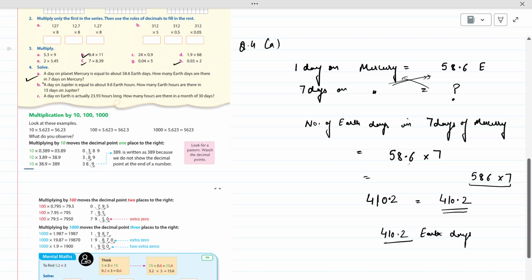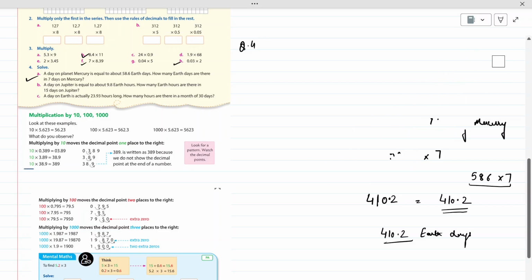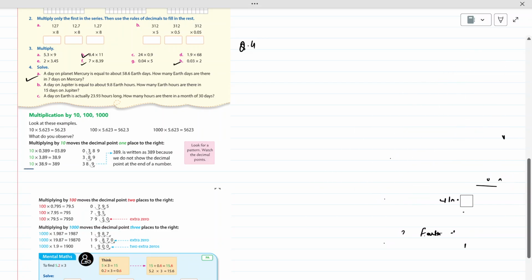Next, a day on the Jupiter is equal to 9.8 Earth hours. And how many Earth hours are there in 15 days of Jupiter? This is very similar to this question. So, kids, I'm leaving this question as a homework for you. Same thing we have to do what we have done in A part.